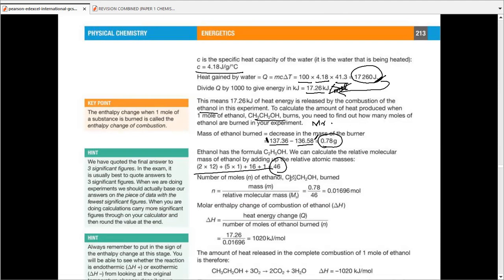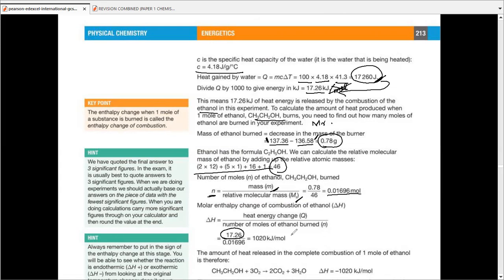Let's take out the number of moles. I hope you remember that the formula for moles was mass over Mr, right? Yes. So this many is the amount of moles of alcohol that we have actually burned. To calculate the per mole value, it's pretty easy.